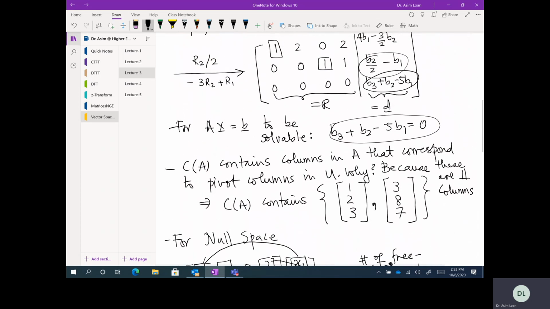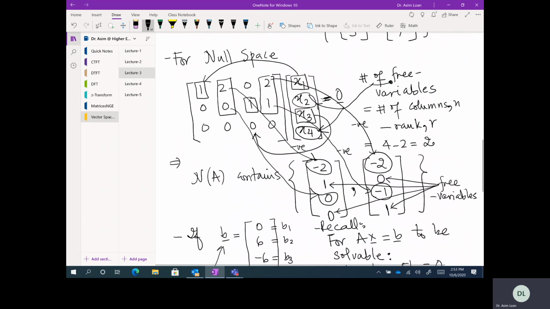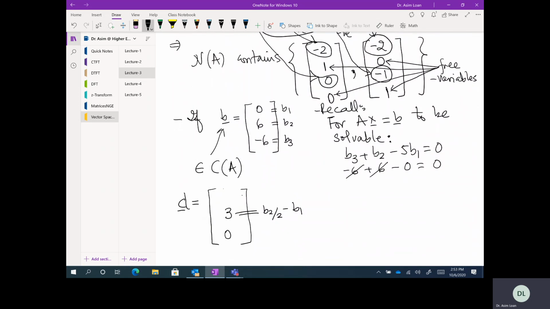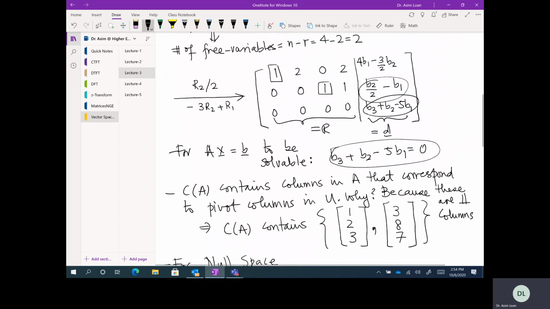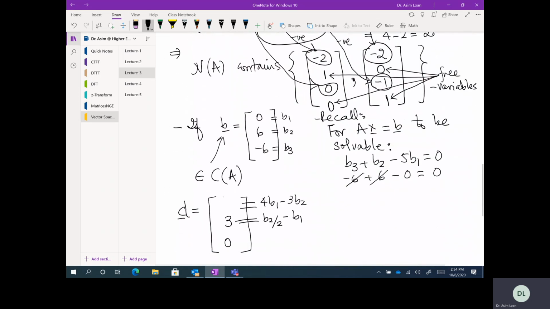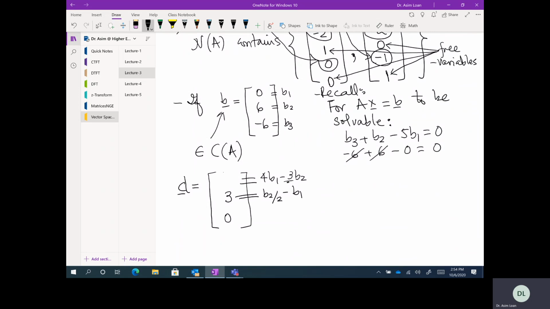The third is 4b1 minus 3 by 2 b2. So this becomes 0 minus 3 by 2 times 6.